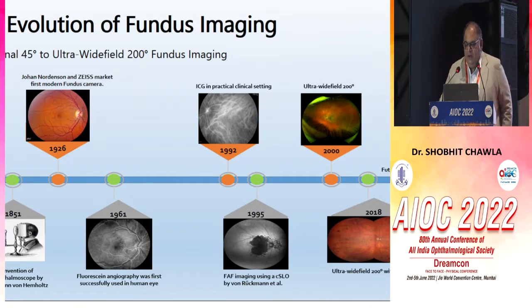So there has been good evolution of fundus imaging right from 1926, when the first modern fundus camera was there, to 1992 when ICG came, and now finally in 2018 when ultra-wide field true color imaging emerged, while we still had imaging from Optos earlier and by the Heidelberg system earlier.